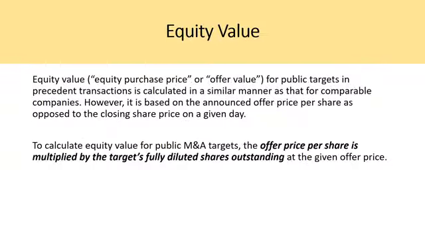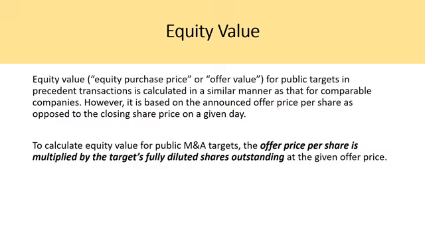So now we can talk about equity, enterprise value, and the relevant multiples. So equity value, or equity purchase price or offer value, for public targets in precedent transactions is calculated in a similar manner as that for comparable companies. However, it is based on the announced offer price per share as opposed to the closing share price on a given day.